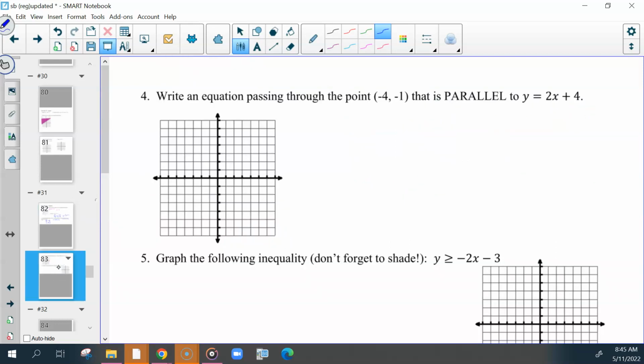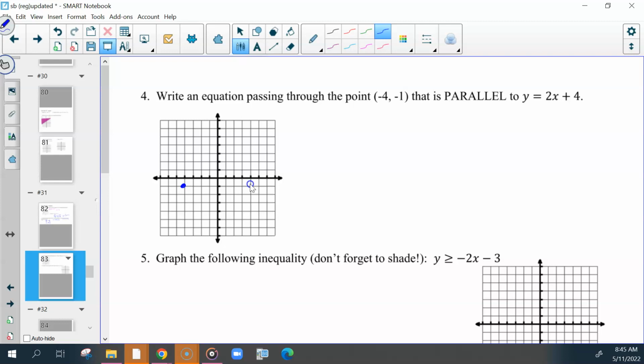On the back, you're writing an equation passing through the point that is parallel. So remember that I said the easiest way to do something like this is to start at the point they give us, -4, -1. Yours is positive? No, well, I drew it wrong.